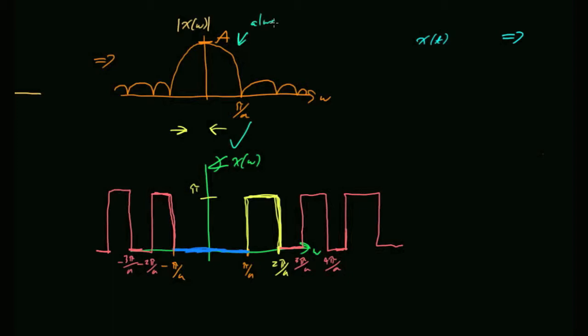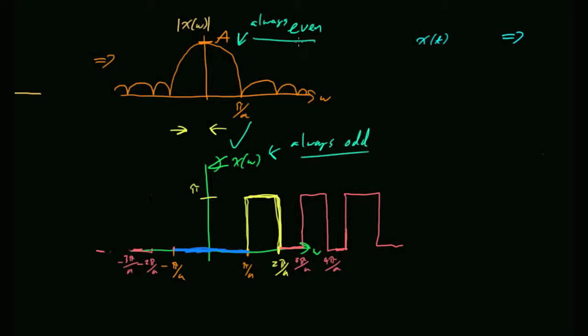And your phase plot is always odd. That doesn't have anything to do with whether the underlying signal is even or odd, okay?